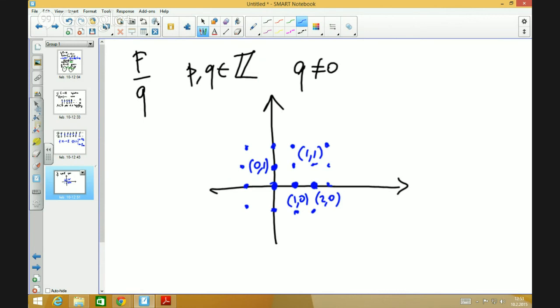Now I'm going to show you how you can actually enumerate all these points and put them in correspondence with the natural numbers. And it's easy pictorially. You can do it in many different ways, but for instance, you could do it this way. You start traveling, traveling, traveling.